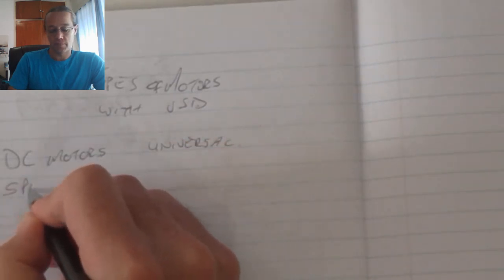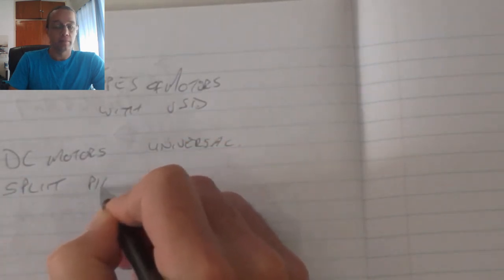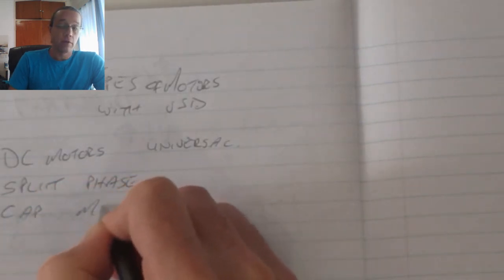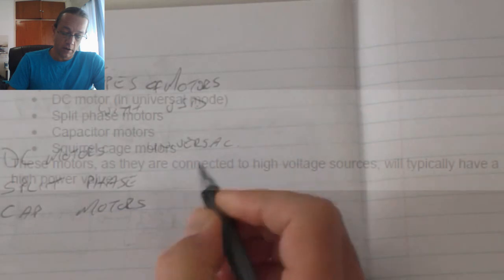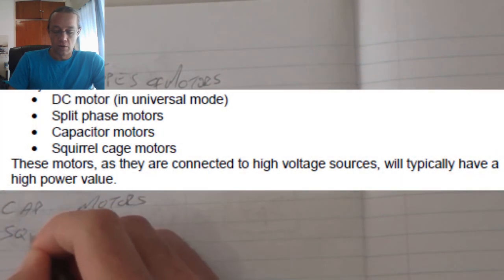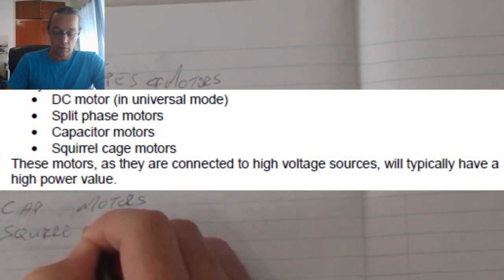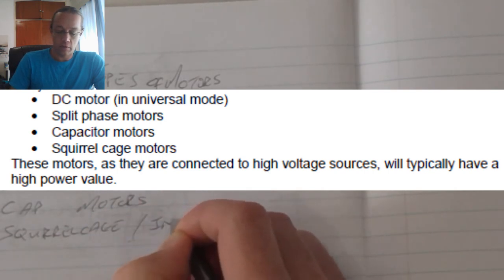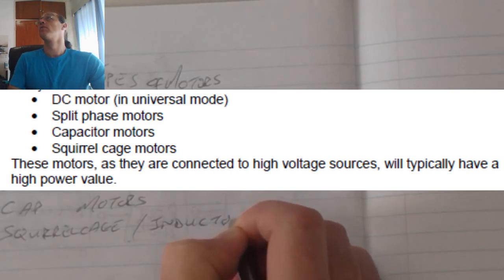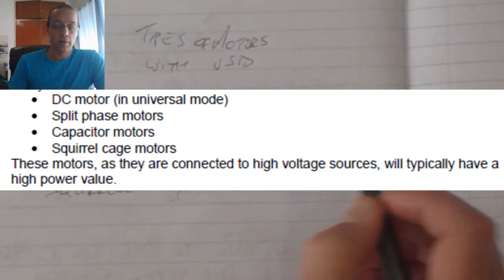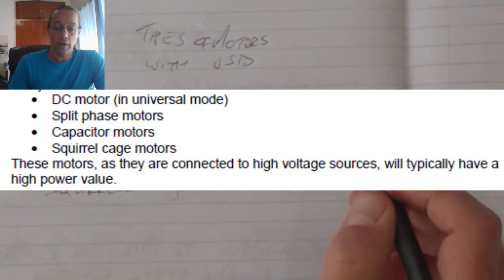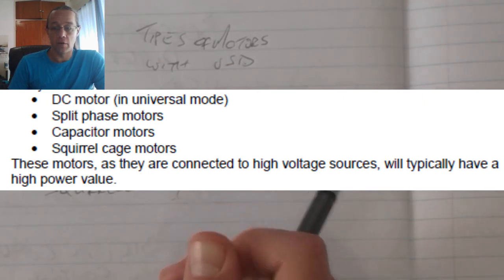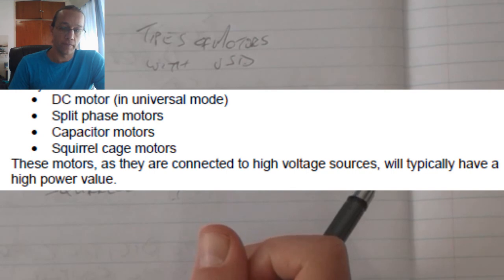Split phase, capacitor motors, squirrel cage or induction motors, basically any AC motor that has the ability to connect to a high voltage source.